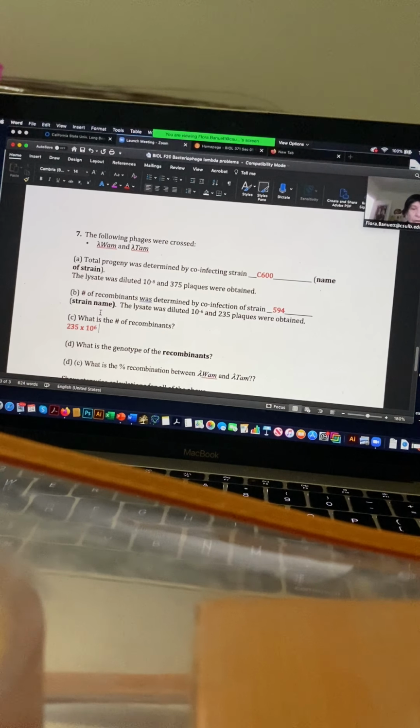You have to account for the double mutant recombinant. So you have to multiply this number times 2.